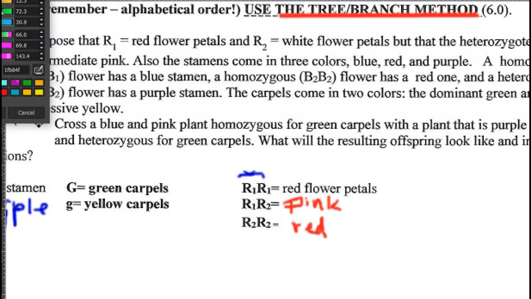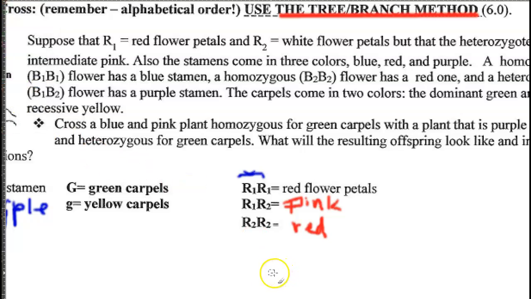I'm going to get a darker green here. Let's see what they're going to look like. Let's do this one. A blue. We know it's B1, B1, right? Pink.